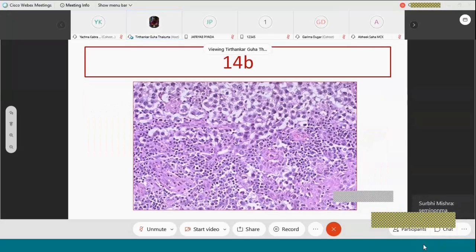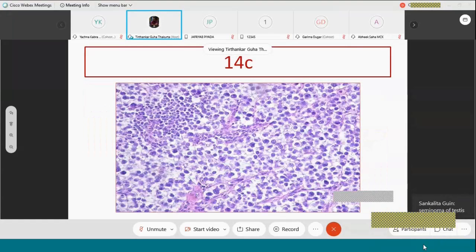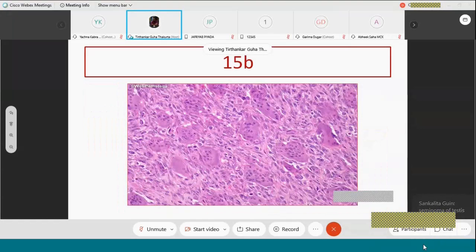This is seminoma of testis. Clear cells with prominent nucleus, fibrous band infiltrated with lymphocytes. What is this tumor? Very good. This is giant cell tumor of bone.